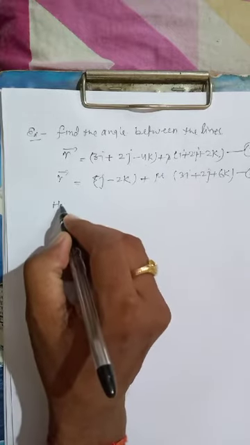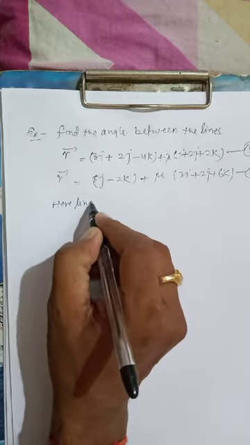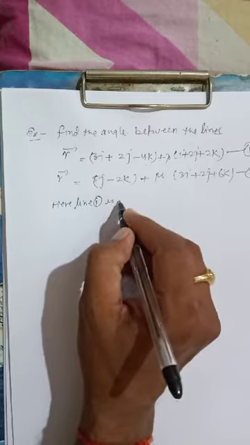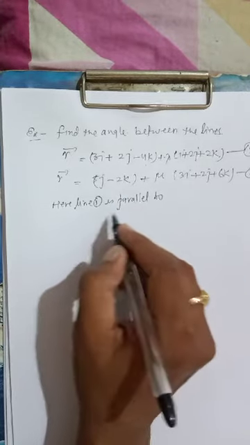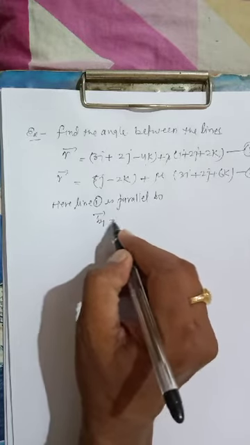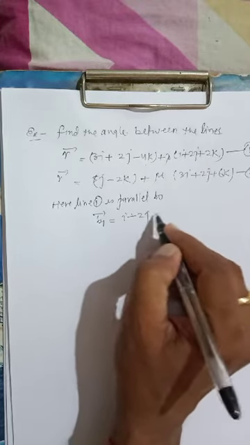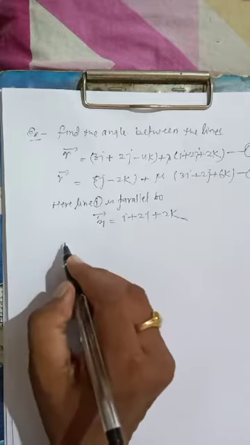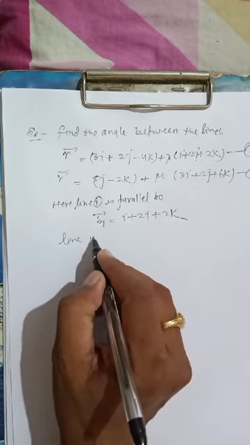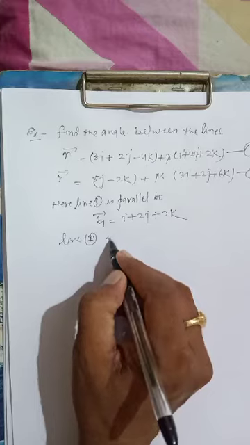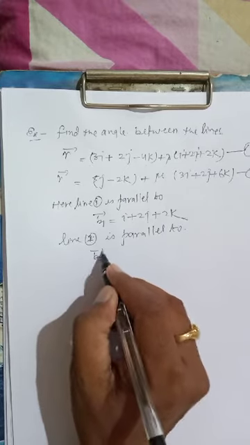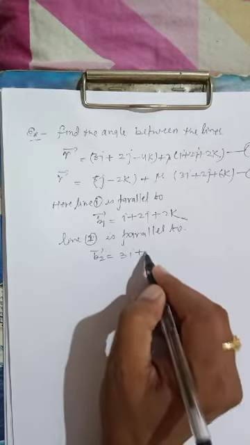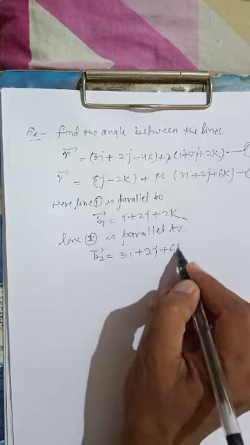So here line 1 is parallel to b1 vector and it is i plus 2j plus 2k. Line 2 is parallel to b2 vector and it is 3i plus 2j plus 6k.